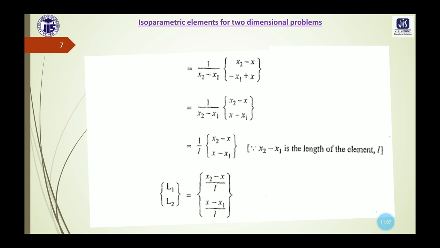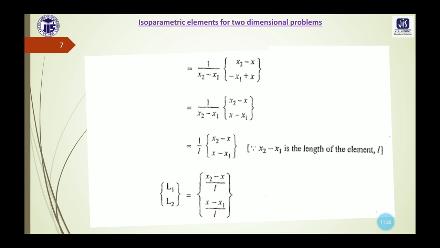Next, if we rearrange this further with another matrix operation, then ultimately after 2 or 3 steps we will get 1 by L multiplied by x2 minus x and x minus x1.